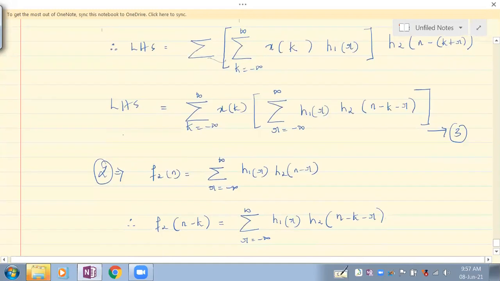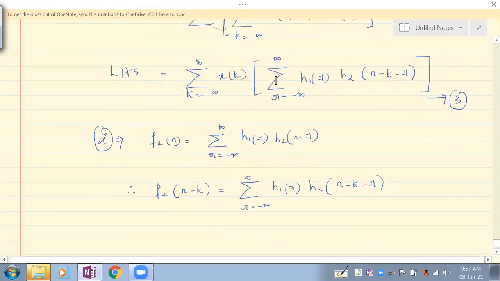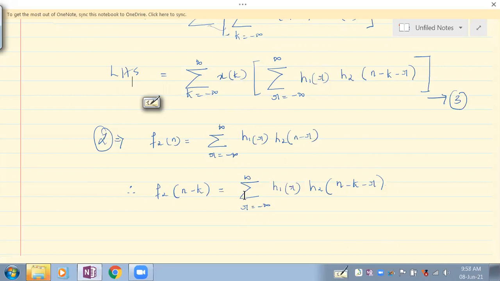So what would this be within the bracket? It would be f2 of n minus k. Everybody understand that? Fine.